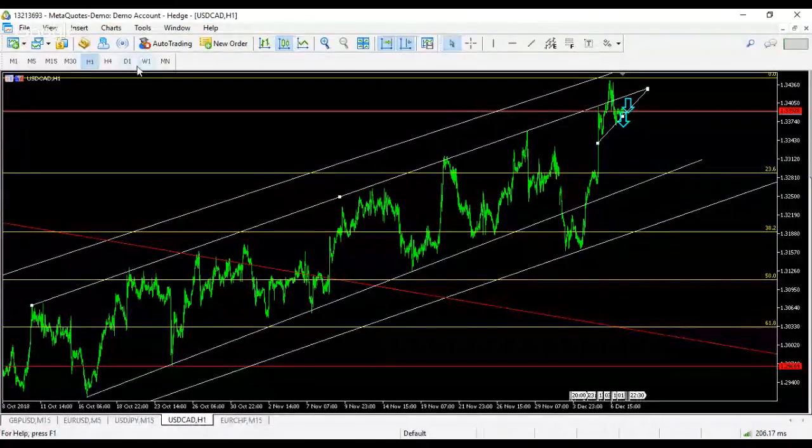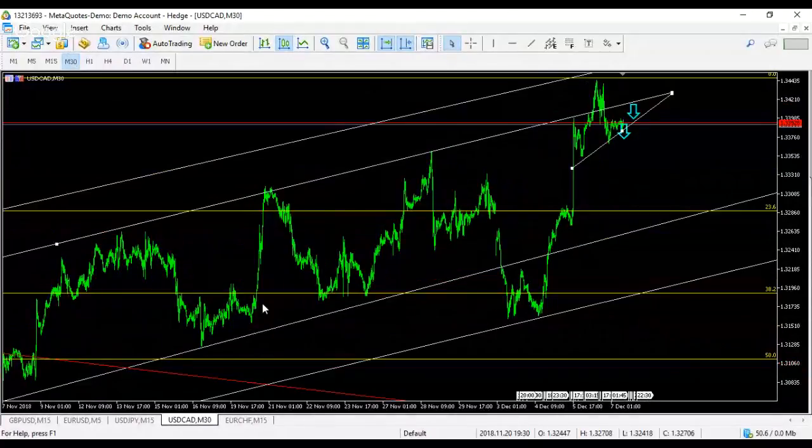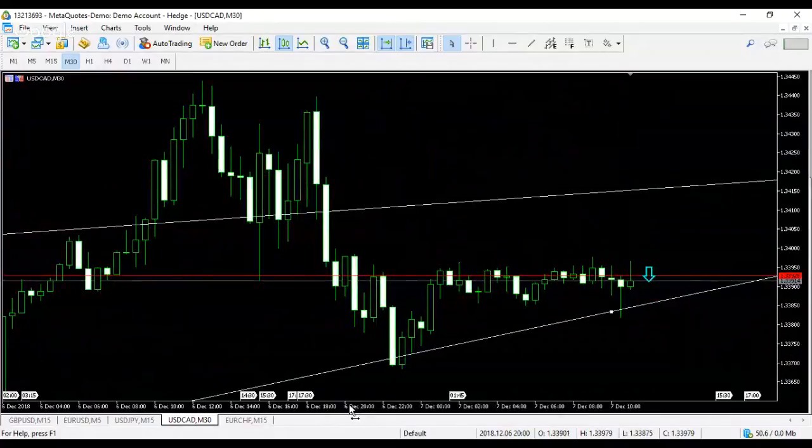Okay, this is what I'm going to do right now. I'm going to zoom in more. Let me just stretch it a little bit. Remember I told you that this is a sell, and there's a confirmation there.